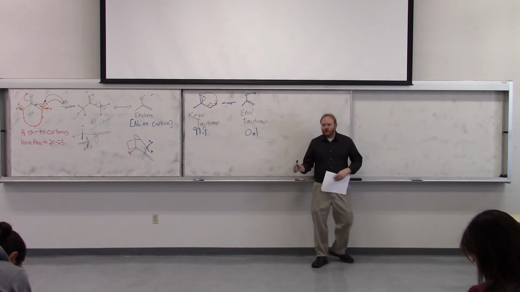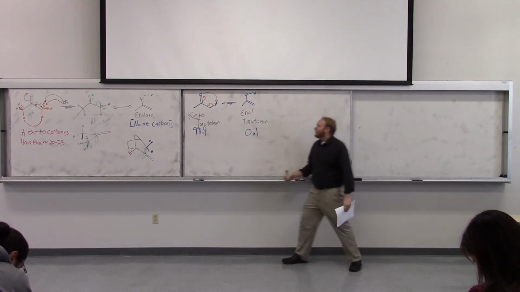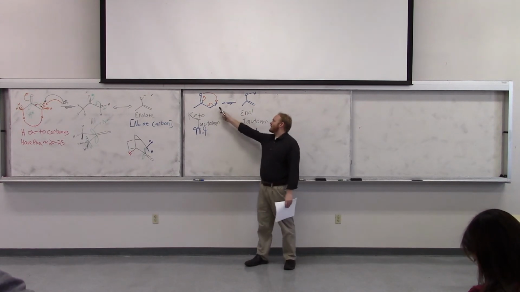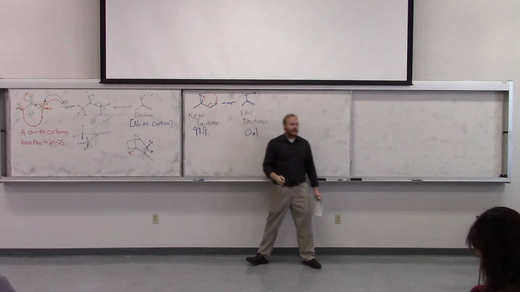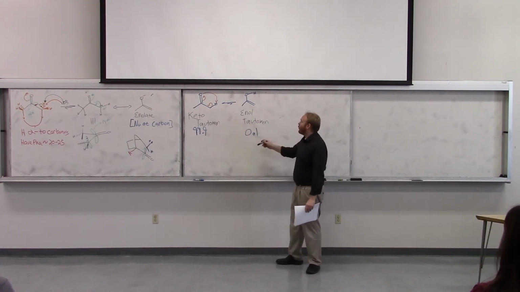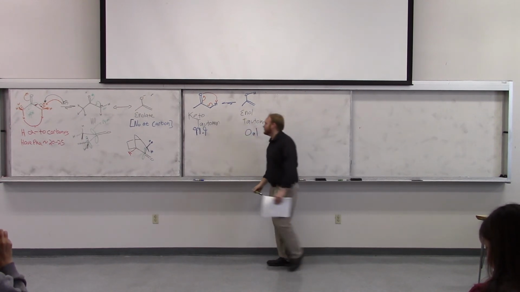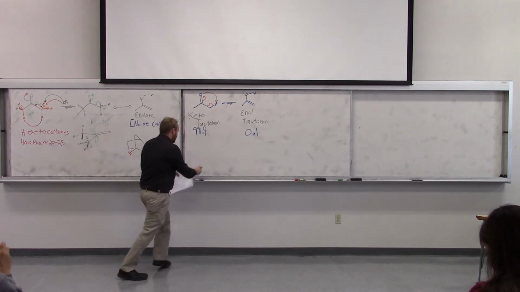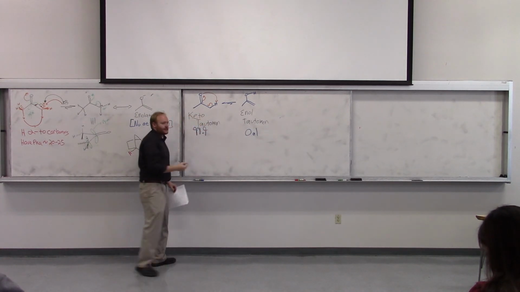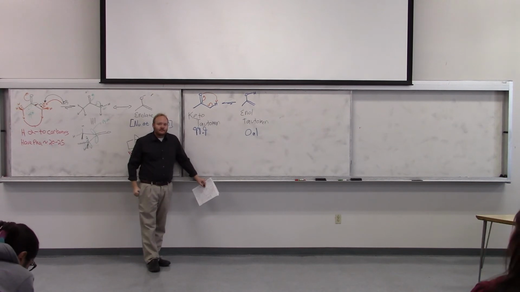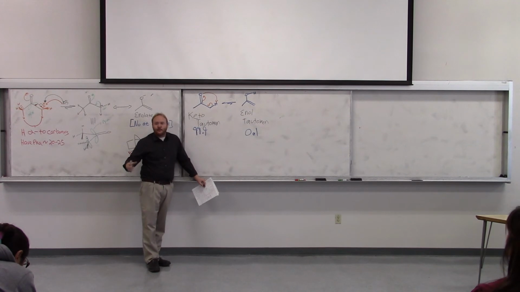In general though, what we have found over the years is that the more acidic your proton is, the more the equilibrium lies towards the enol. So in black, I'm just writing the pKa of acetone. What do you guys think it is roughly? So 20 to 24 is a typical enolate pKa. That's just a number to remember.